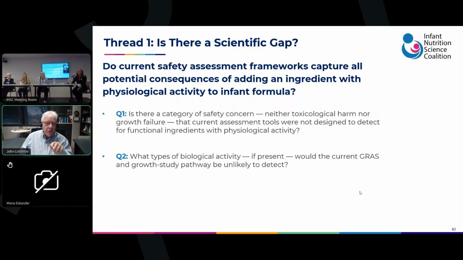You're walking the line between function and, as you've defined it, function and benefit. A lot of the neurocognitive effects of early nutrition have been considered within the realm of benefit. But is the lack of the benefit now a safety concern? That is how I see this.